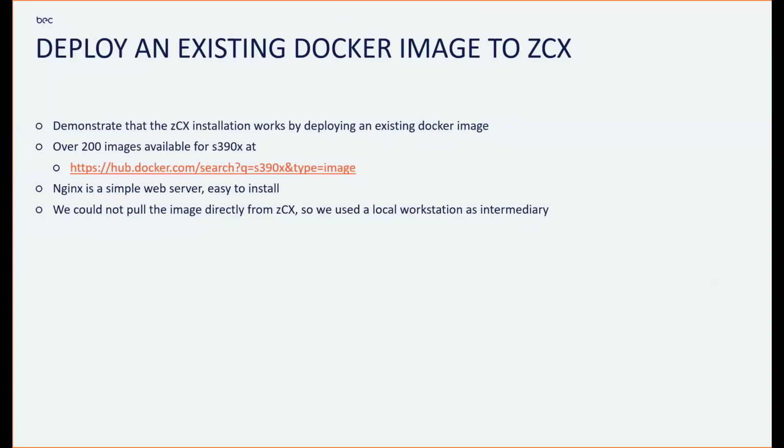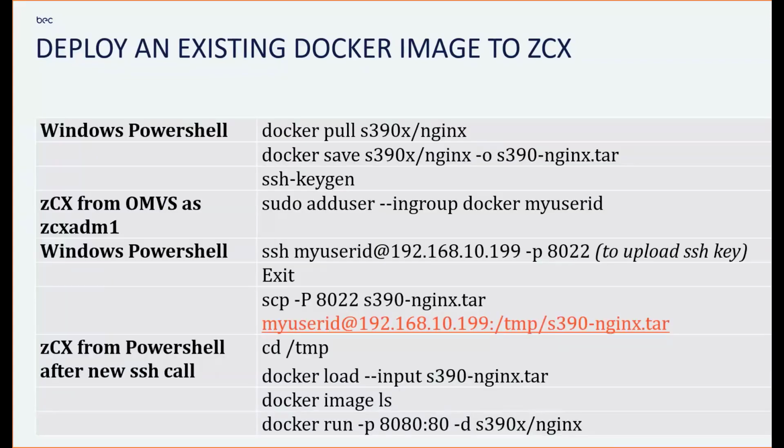And the Redbook, which we used to help us, recommended to install Nginx, which is a simple web server and very easy to install. So we pulled it down to the workstation and then pushed it up to zCX. And these are the commands, and they are typed: docker pull, docker save, docker load, docker run, and we need some copying here.